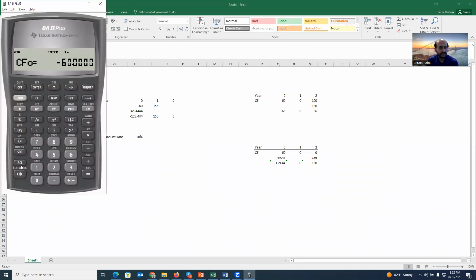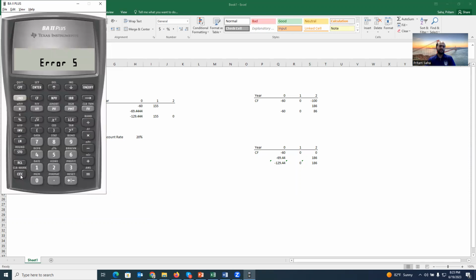Go cash flow, clear. 129.44. Sorry, this has to be cash flow 0. 129.44, enter. Cash flow 1 is 0, enter. Cash flow 2 is 186, enter. Then compute IRR.